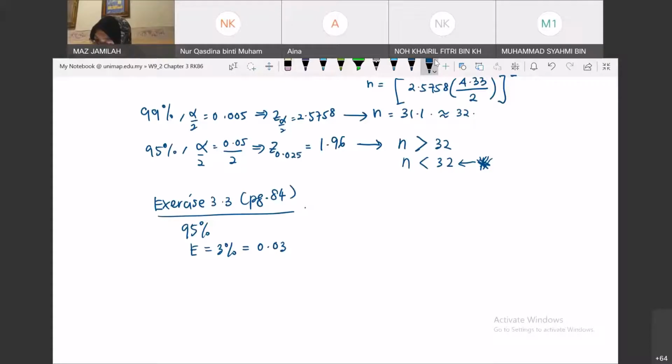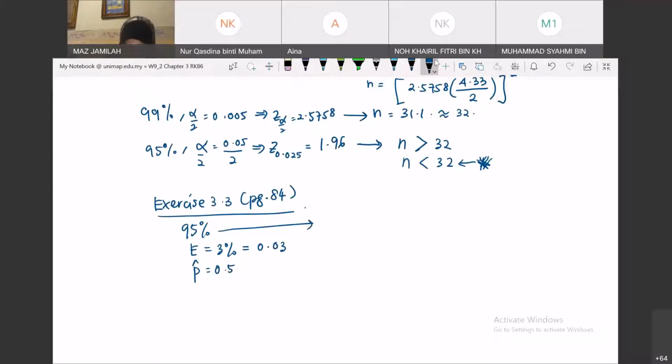The true proportion. How large a sample size would be necessary if the sample proportion who pass is P hat equal to 0.5? Now, in this case, you have been given the proportion directly. Sometimes maybe you need to find the proportion on your own. So in this case, P hat is given, which is 0.5.